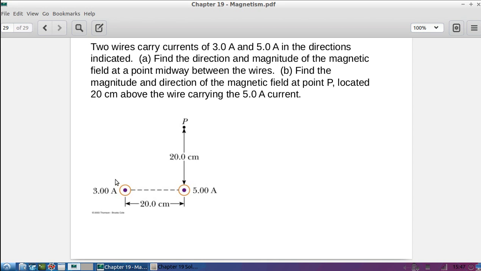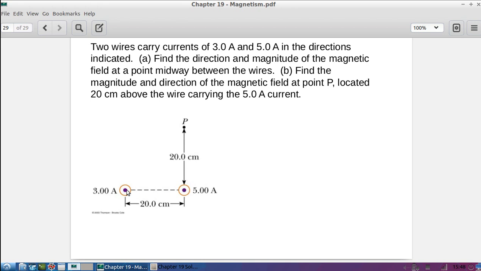Here, I got my circle, still going counterclockwise, same right hand rule, thumb pointed towards me, my fingers are curling counterclockwise around the wire, and my circle passes through point P like this. So that means the magnetic field due to the 3 amp wire is actually in the negative X direction and the positive Y direction. Okay, and again we've got a nice 45, 45, 90 triangle.